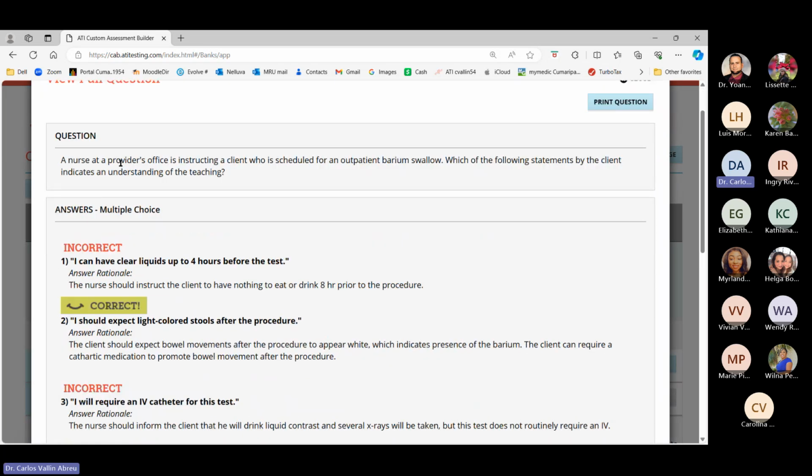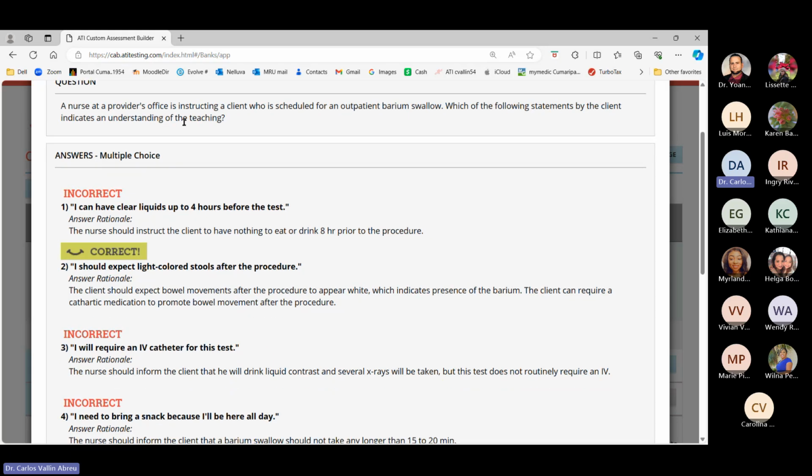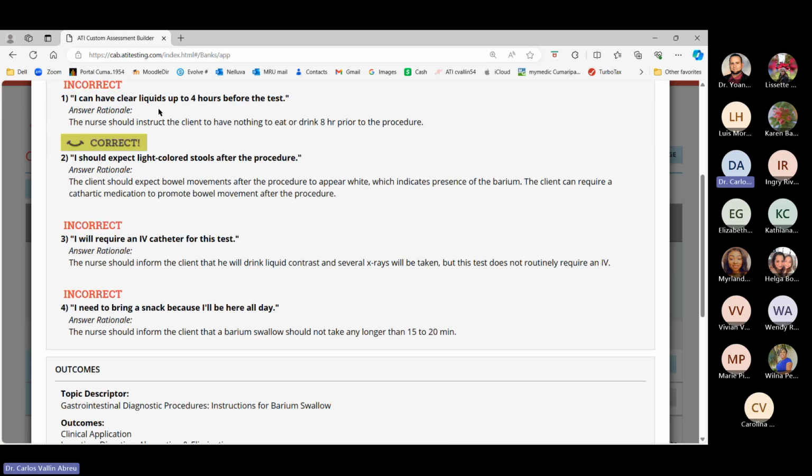In a provider's office, a nurse is instructing a client who is scheduled for an outpatient barium swallow. Which of the following statements by the client indicates an understanding of the teaching? I can have clear liquids up to 4 hours before the test. They say NPO 8 hours because it's important to have an empty stomach.